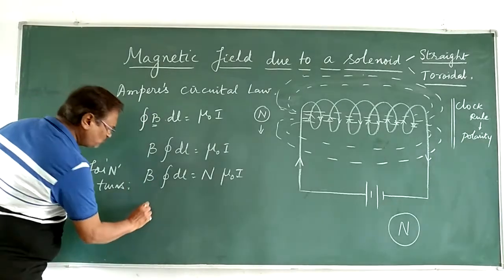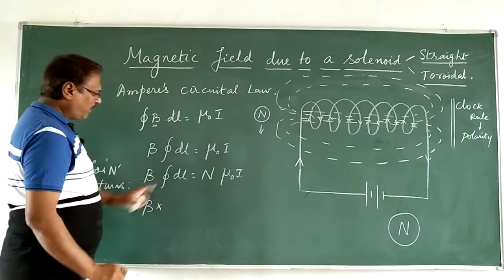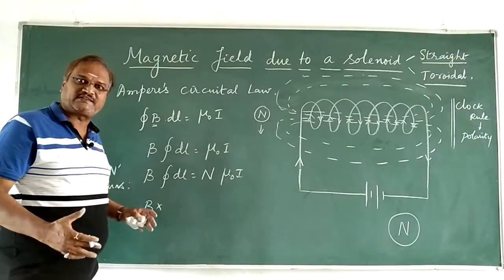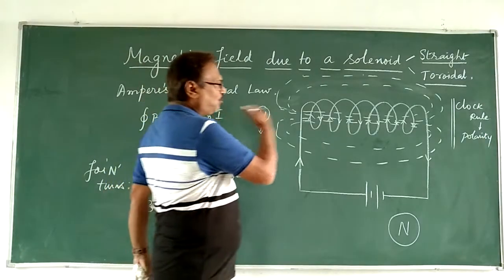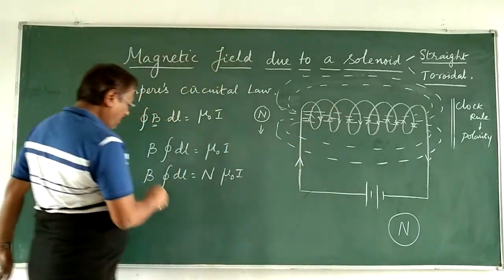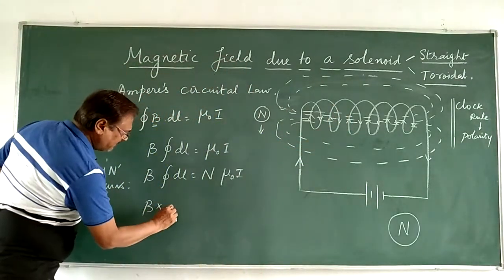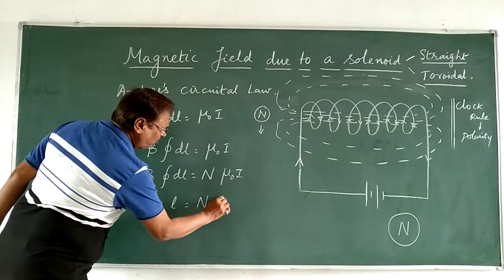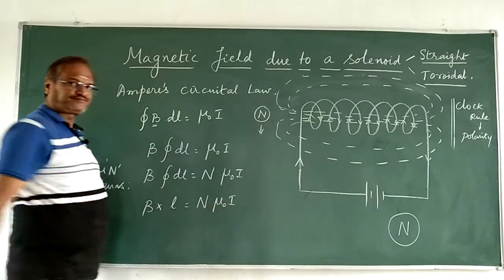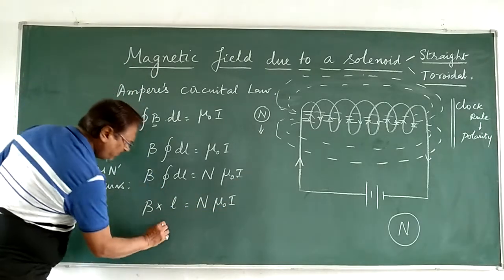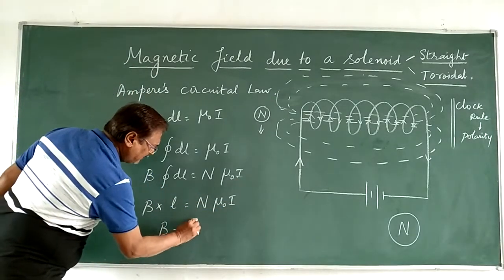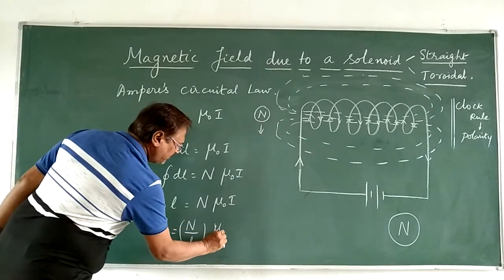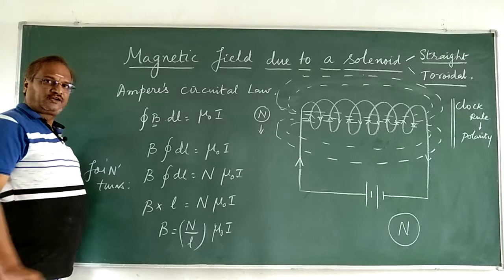Now that is B into, what is integral dl? The total summation of the length of the whole loop, that we said is L, that is equal to N mu naught I. And if I say B is equal to N upon L, close the bracket, mu naught into I. Now what is this?